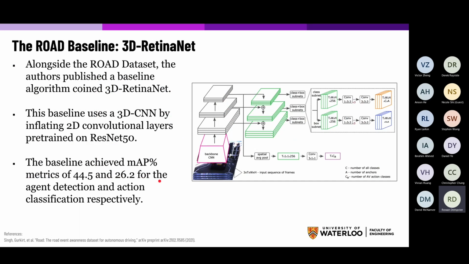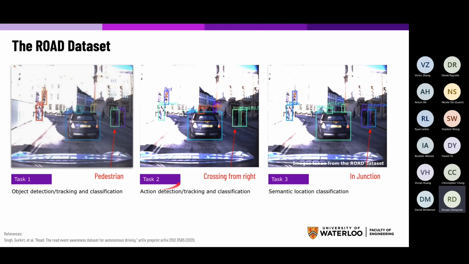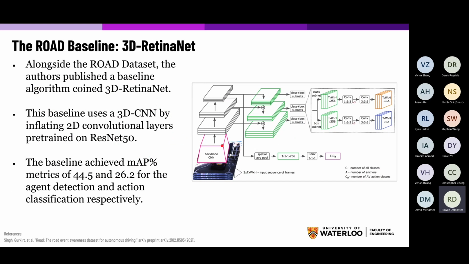Along with this data set that has these ground truth labels for what we want our algorithm to be able to produce, they released a neural network architecture that produces metrics that we use as a baseline for our experimentation. Again, I'm not going to talk about the model architectures in this tech talk.